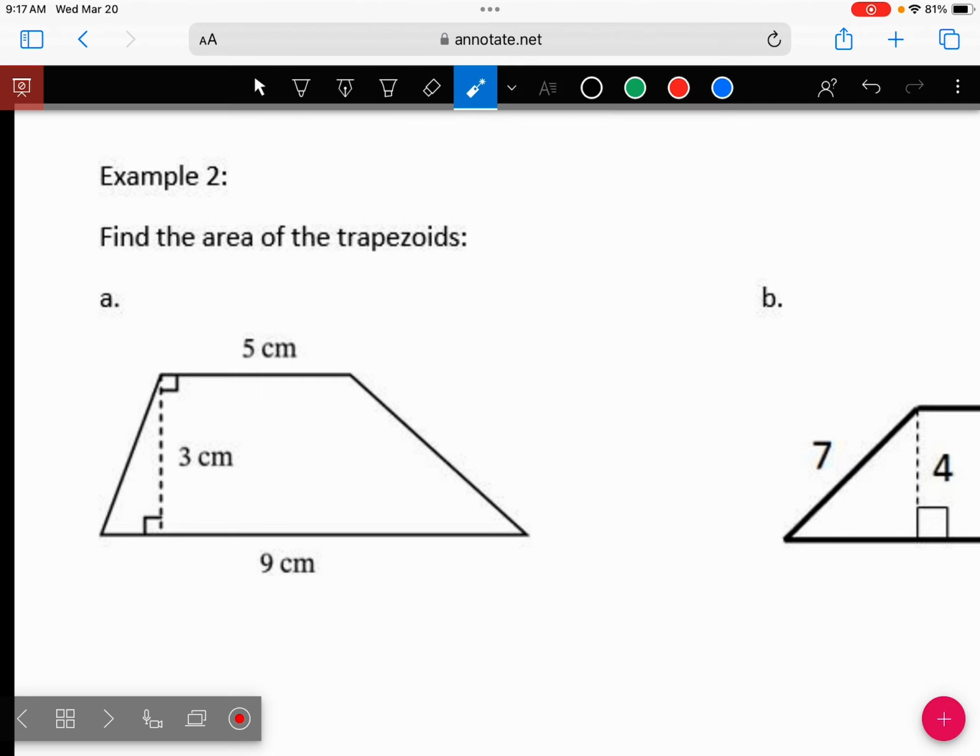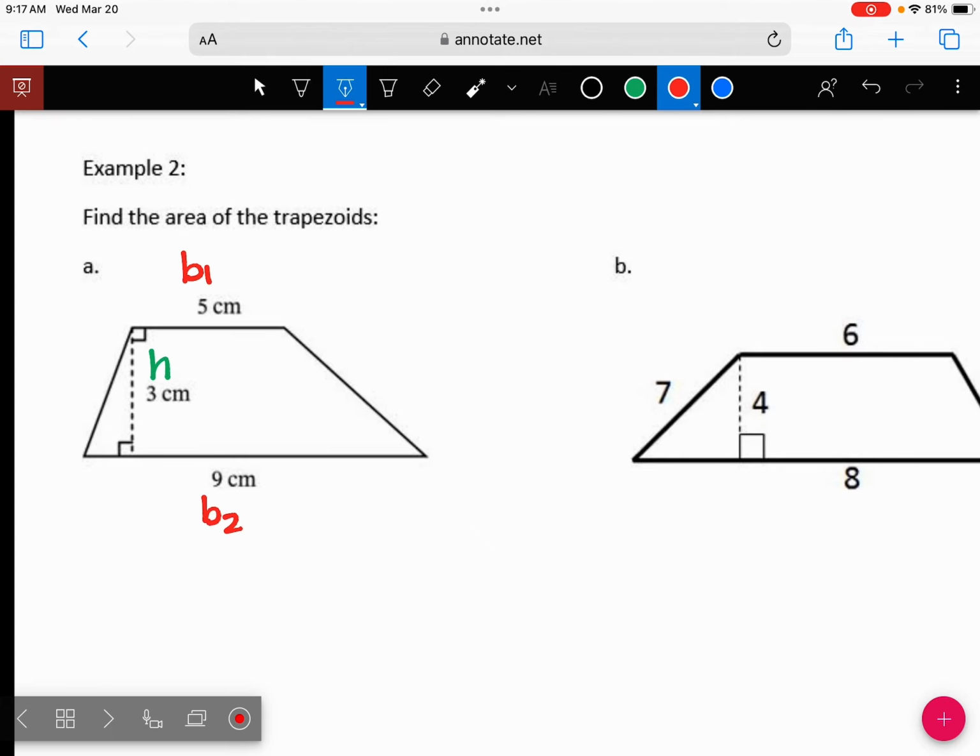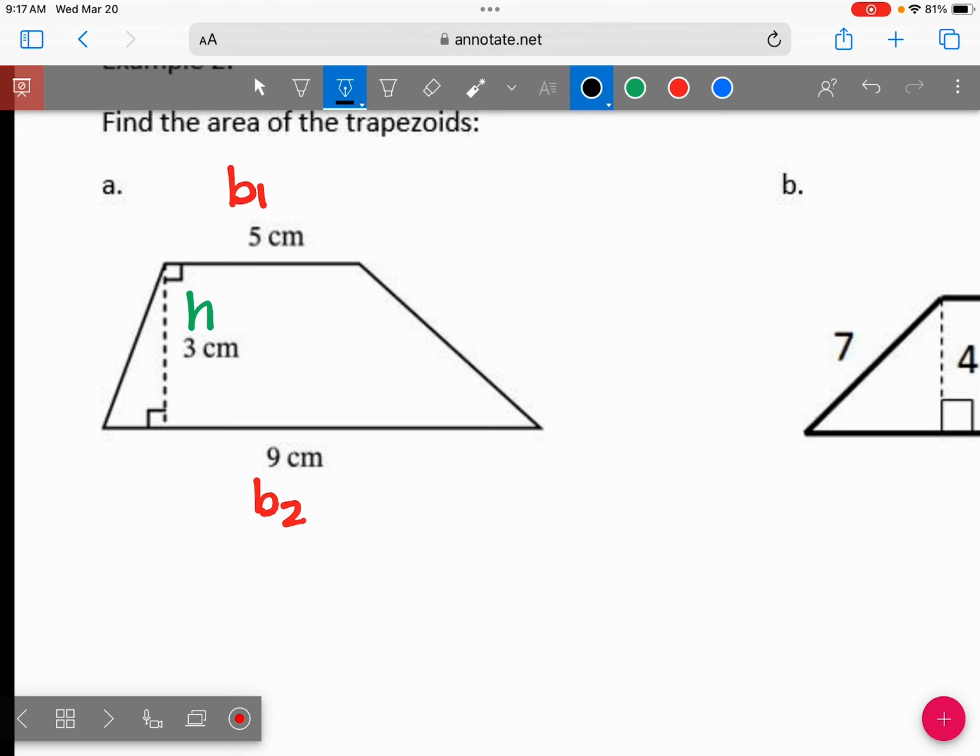Let's find the area. So this 3 is my height, 5 is B1, 9 is B2. So area equals 1/2 times the height.